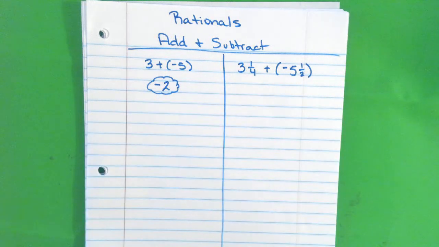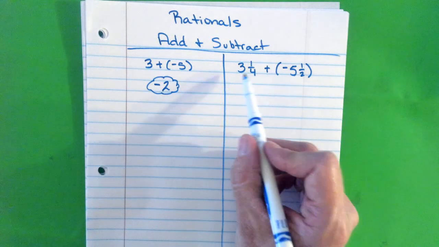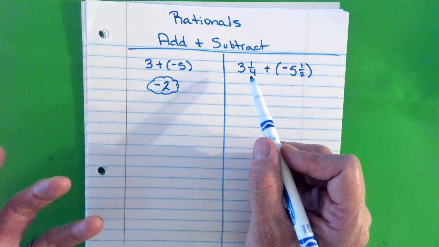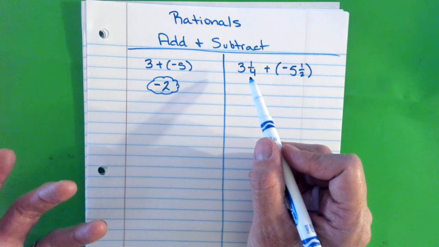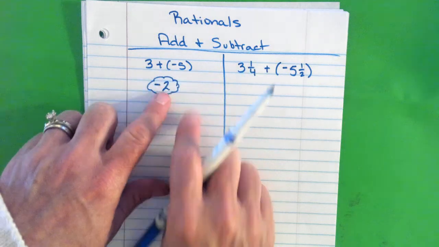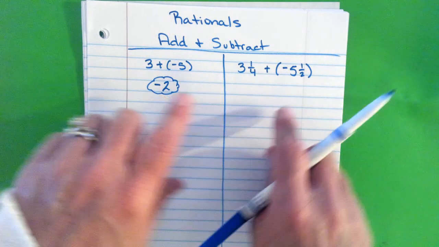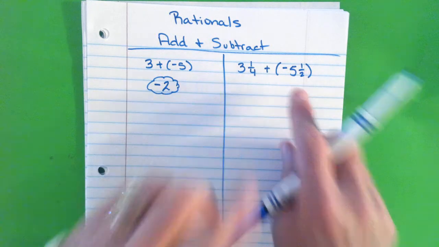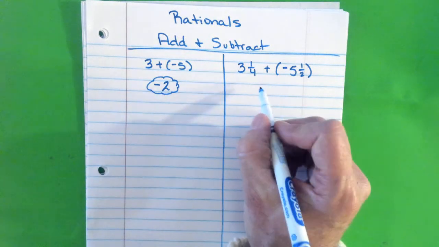The negatives. So I know my answer is going to be a negative. But what do I do with these two numbers to find the number that goes with it? Add or subtract? What did I do with these two numbers to get to a 2? Subtract. So I'm going to subtract these two numbers to find out what my number part of the answer is.